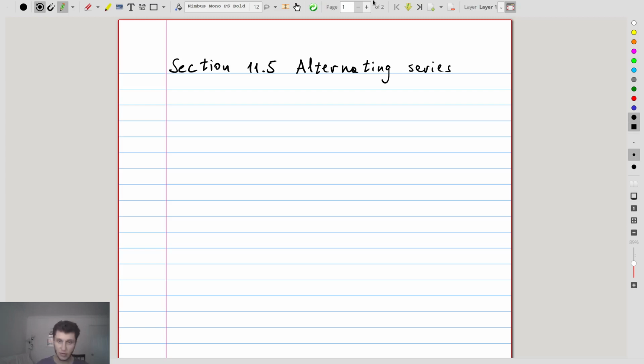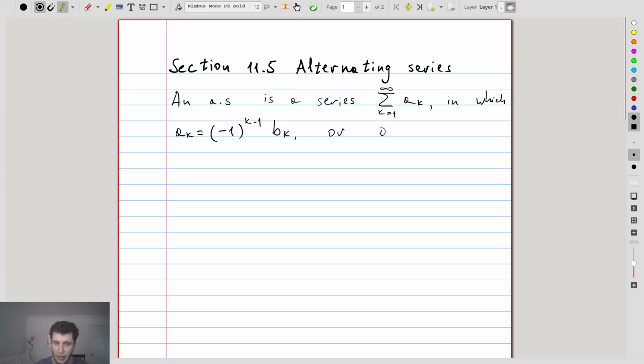So let me first give you the definition of an alternating series. An alternating series is a series in which the terms, let's say we have a sum of k from 1 to infinity, in which either a_k is equal to (-1)^(k-1) times some b_k, or a_k equals (-1)^k b_k.